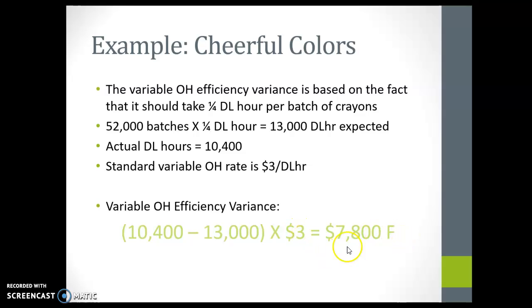And so we come up with 7,800. Now again, our actual quantity is less than our standard quantity, so that always leads to a favorable variance. So we have a 7,800 favorable quantity variance for variable overhead.